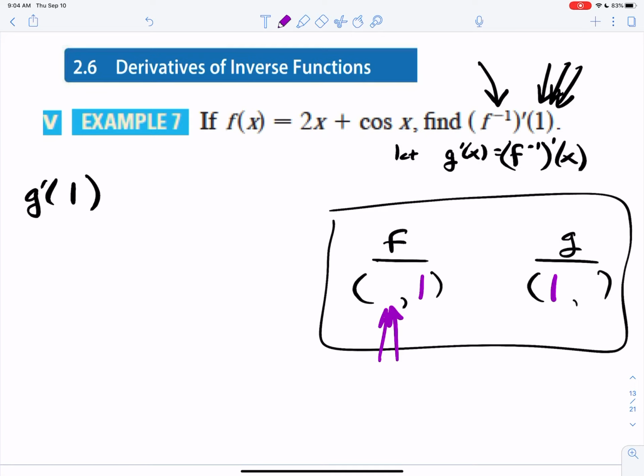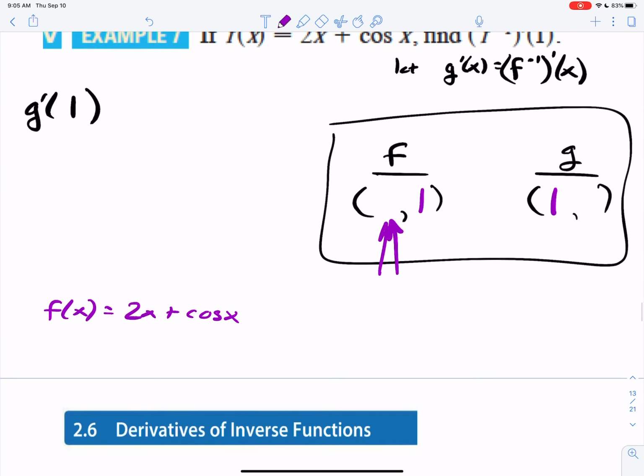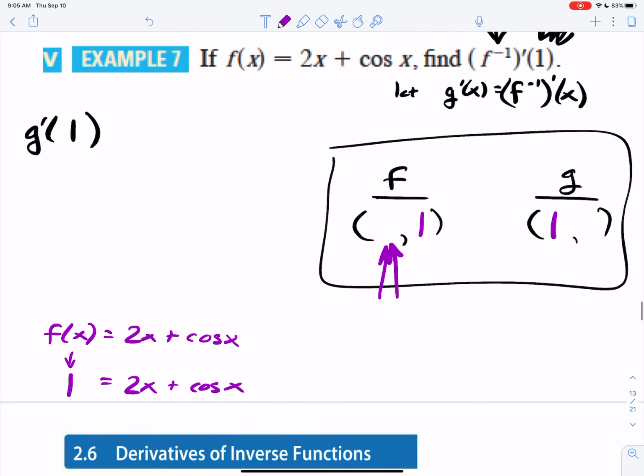So I'll write it down here because I don't have space. This is f of x. I want f of x to come out to 1. So I need to come up with an x-coordinate that'll give me 1. Pause here, press play when you're ready. So my first go-to value is obviously 0. 2 times 0 is obviously 0.